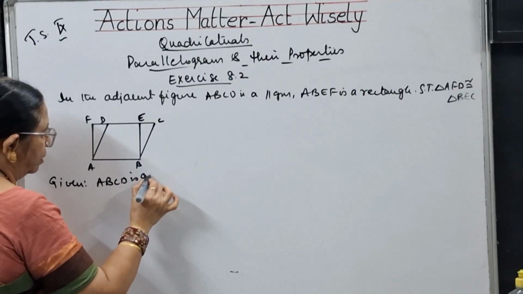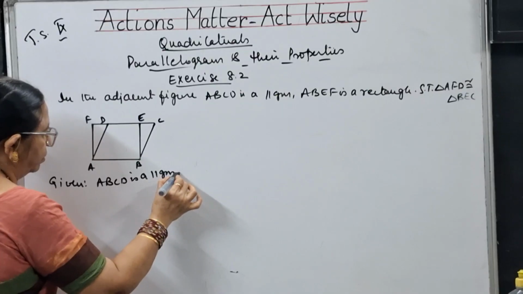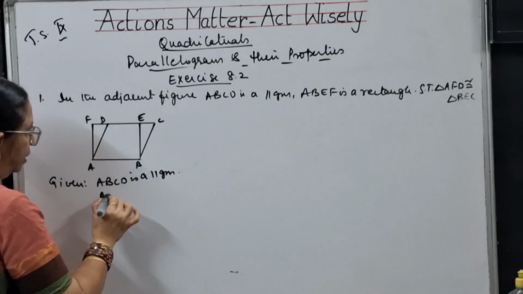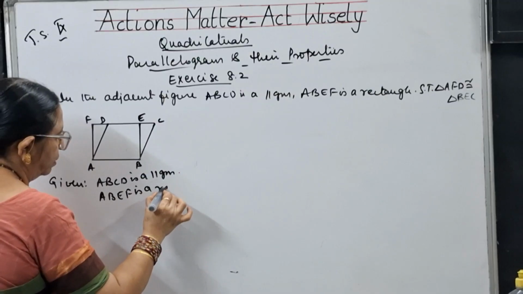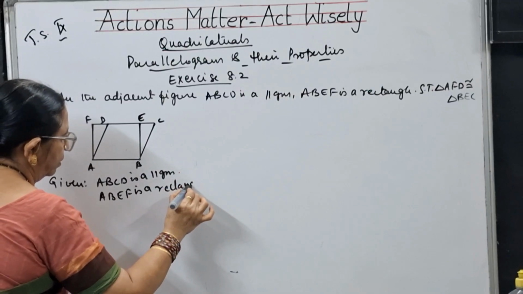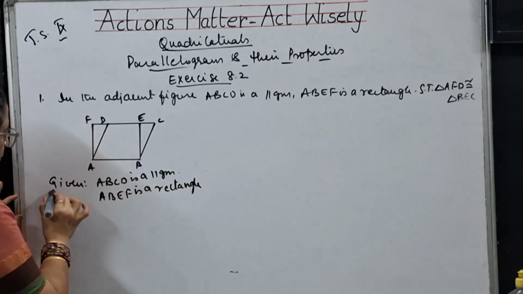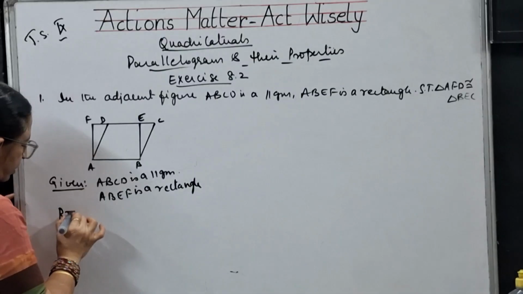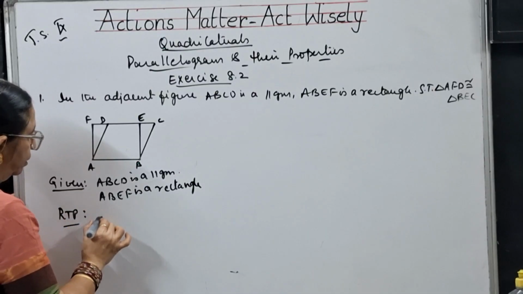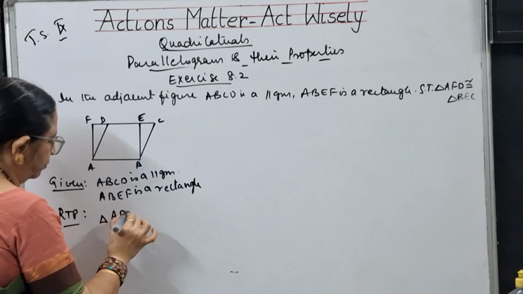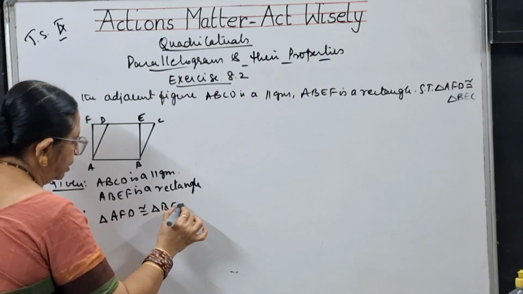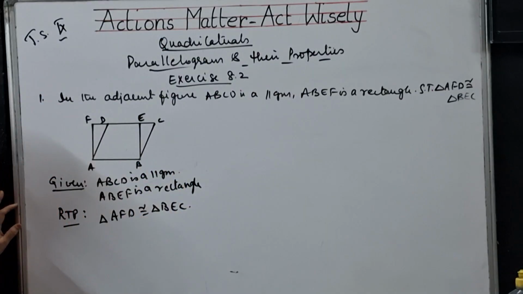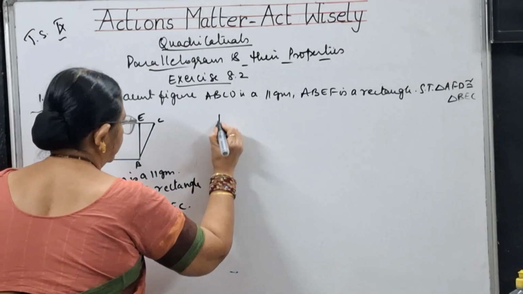ABCD is a parallelogram and ABEF is a rectangle. What is RTP? We need to prove that triangle AFD is congruent to triangle BEC. So, let us see the proof.